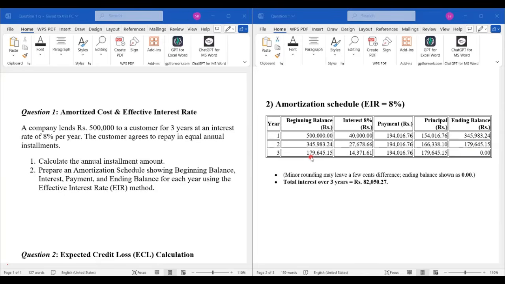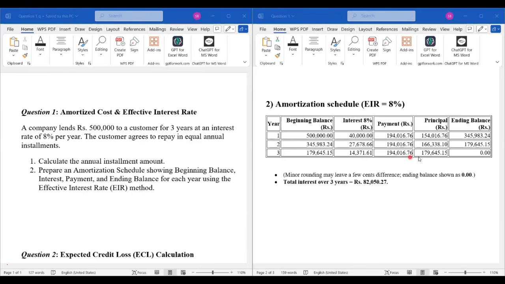Again, the same procedure. So we have to calculate 8% interest for this 179,645.15 rupees. So the interest is 14,371.61. In order to find the principal amount, we have to deduct that interest 14,371.61 rupees from 194,016.76 rupees.